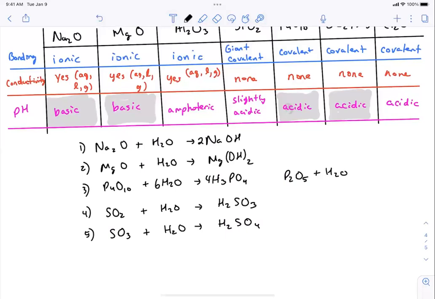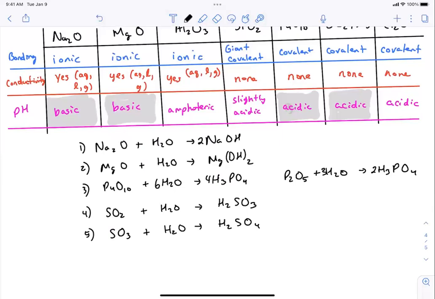P2O5 plus water still makes the same thing, H3PO4. It's just 3 and 2 instead. Because the oxidation number on P for P2O5 and P4O10 is the same, so it should make the same product. That's why SO2 and SO3 behave differently: they have to keep the same oxidation number, so it makes H2SO3 and H2SO4.